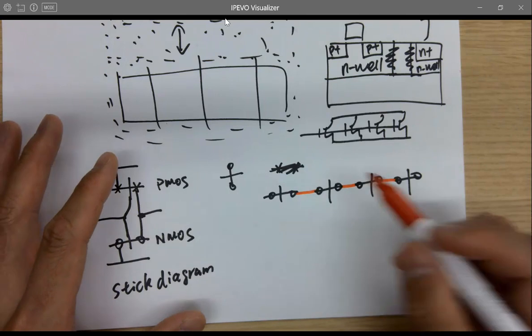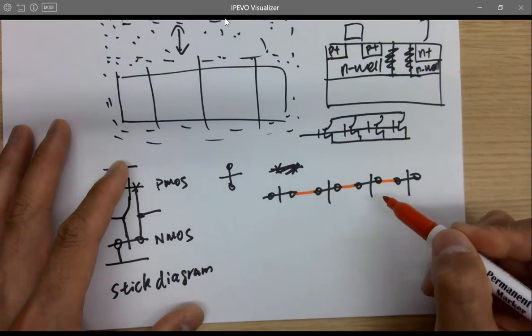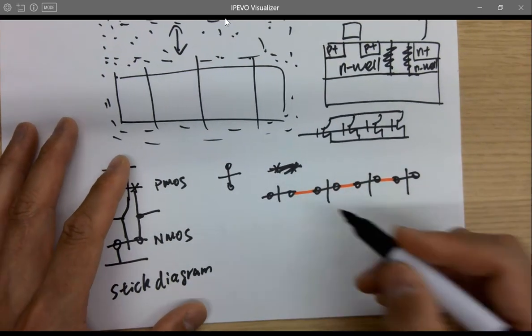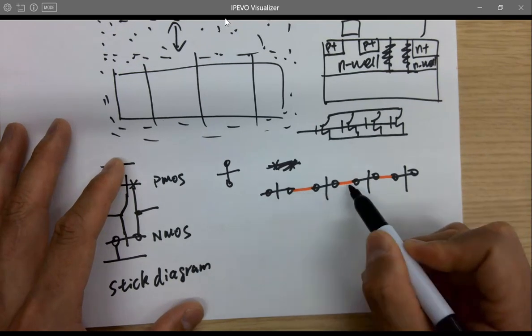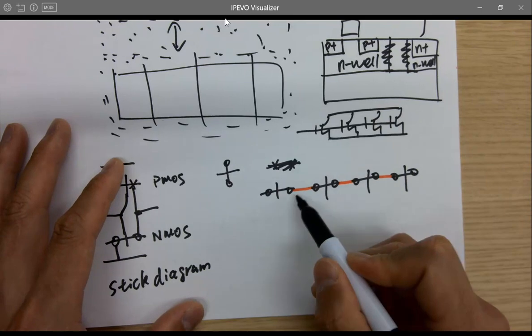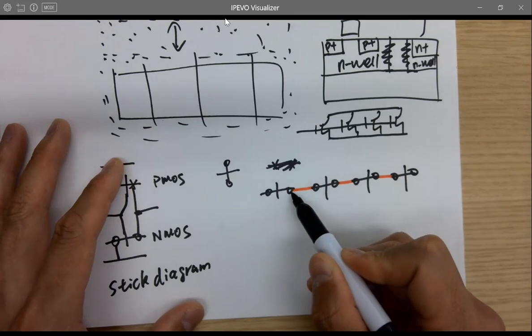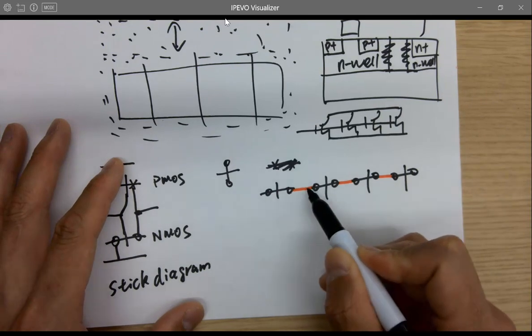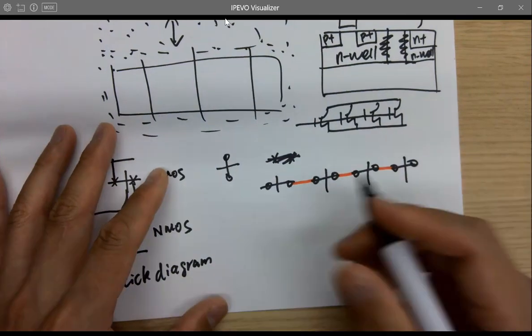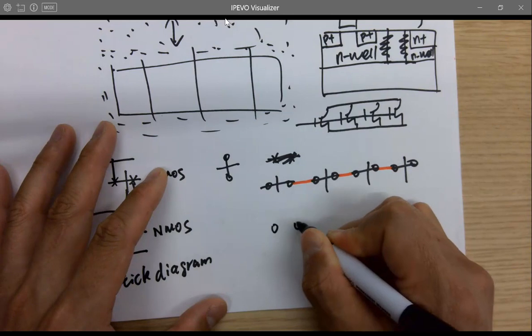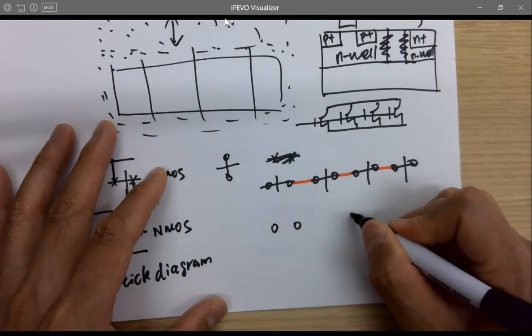Not really. It depends on how you make the connections on the top. So before we do that, let's simplify this first. So for example, we can do this, and you can see the diffusion here becomes redundant. You got two and the metal connecting them together. You can overlap them, become one N plus. So it becomes this. Merge two into one.